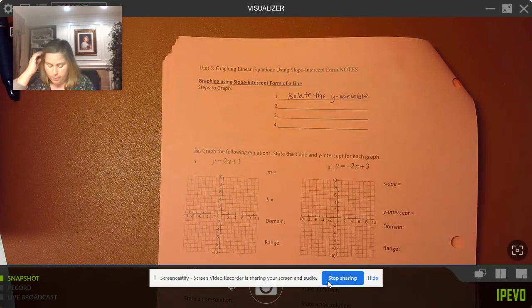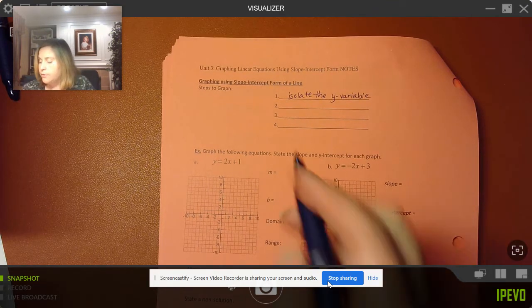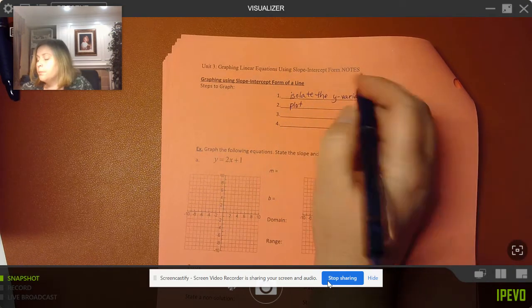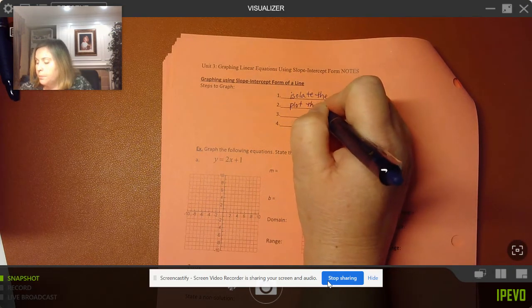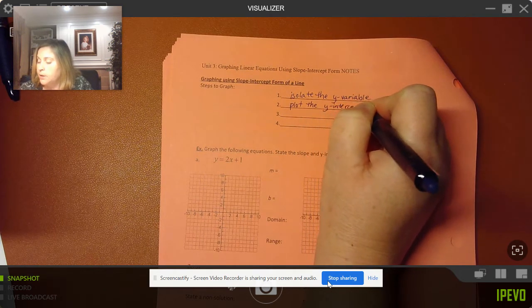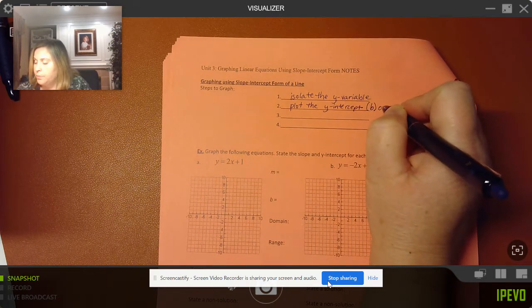Okay, and then we want to plot the y-intercept on the graph. That'll be your starting point. And in slope-intercept form, that's called b. So plot the y-intercept on the graph.